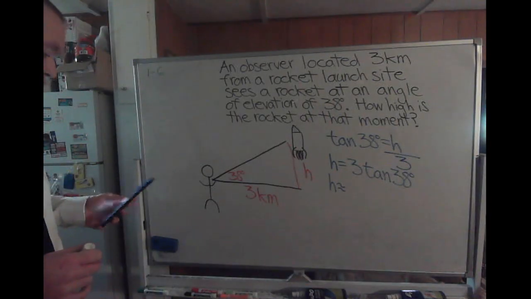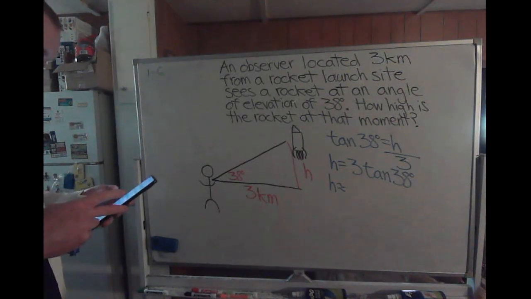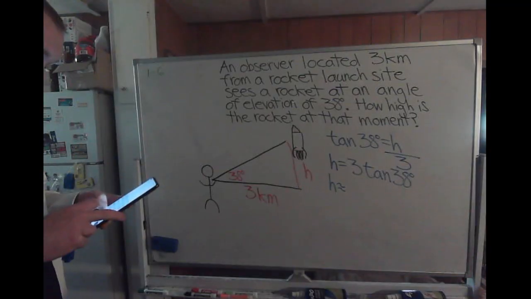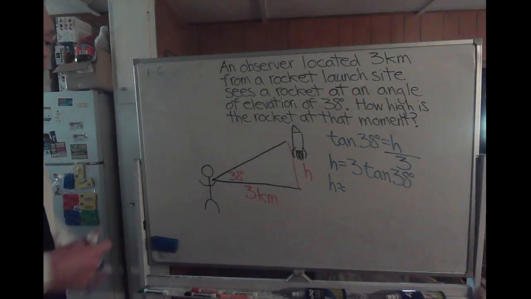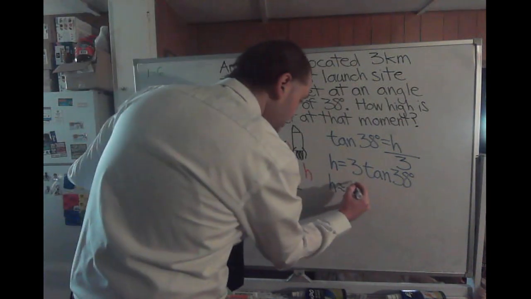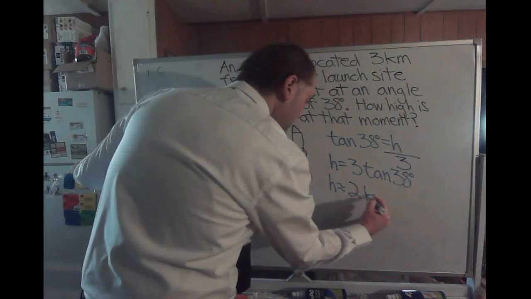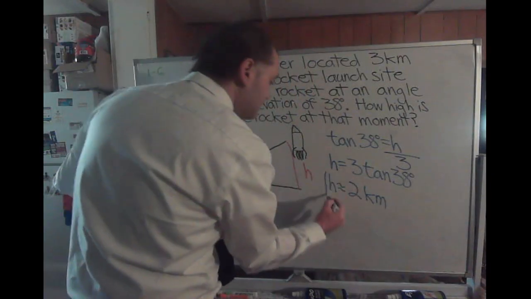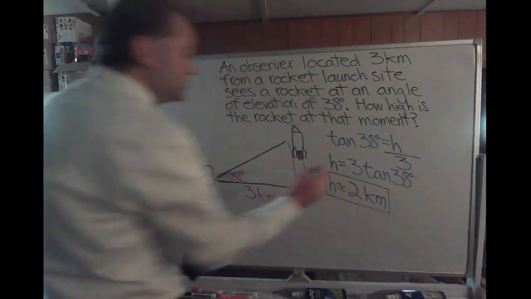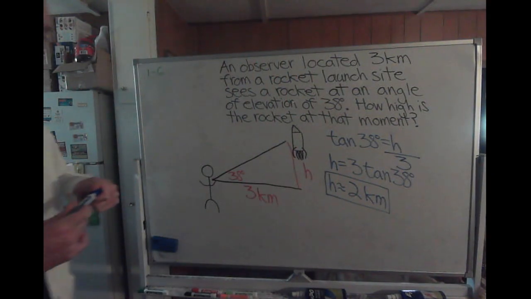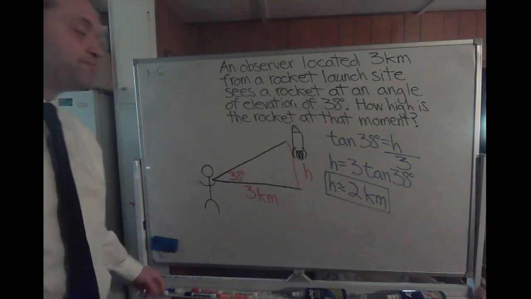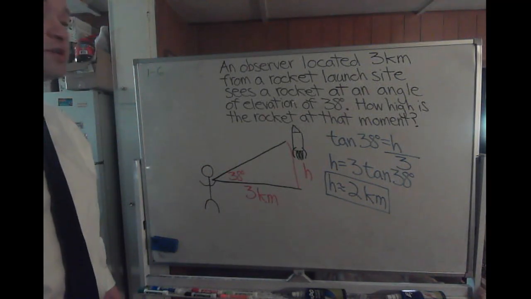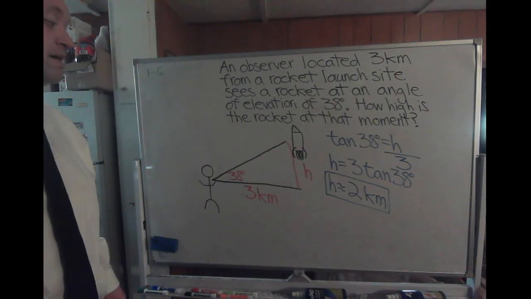So let's go ahead and do that. So 3 times the tangent of 38 degrees. It's going to be approximately 2 kilometers up. It's approximately 2 kilometers in the sky. It's actually more than that, but rounding to the nearest kilometer put it at 2 kilometers. So that's over a mile high in the sky from where he's at.